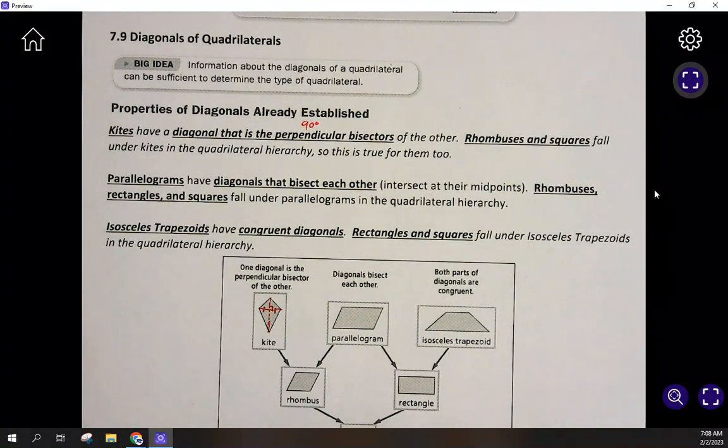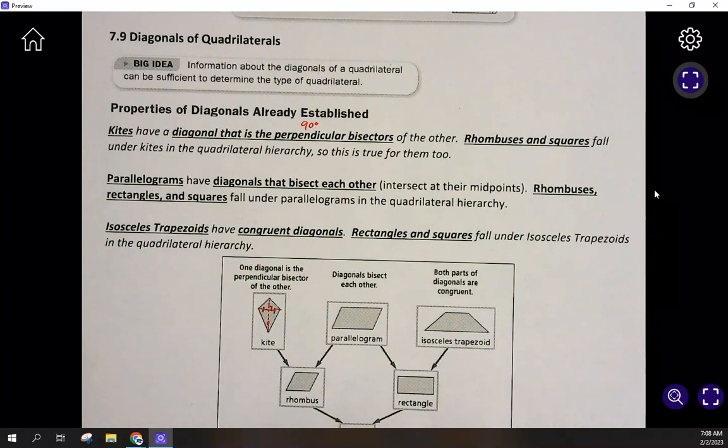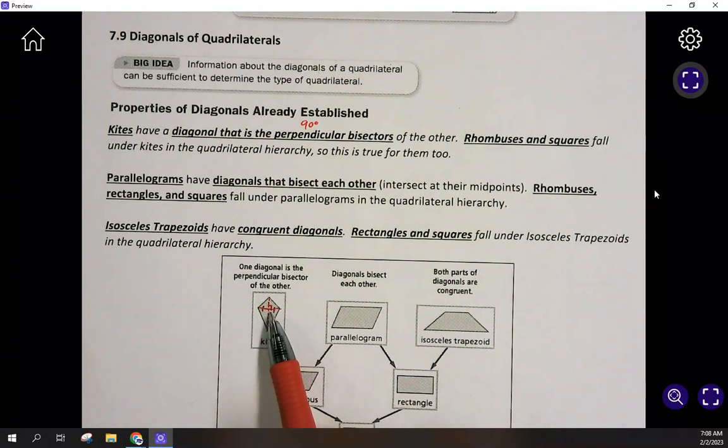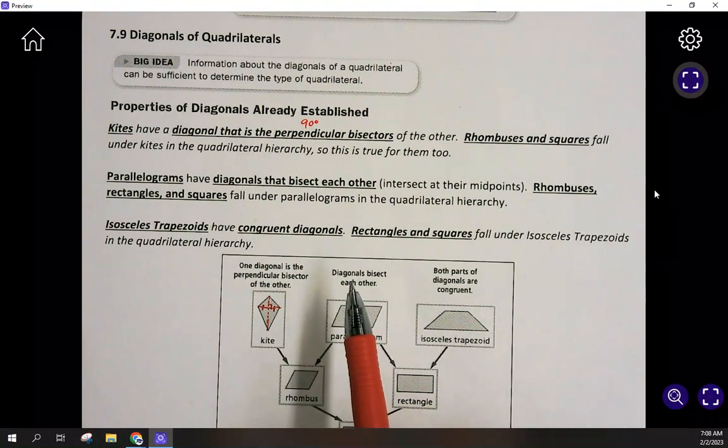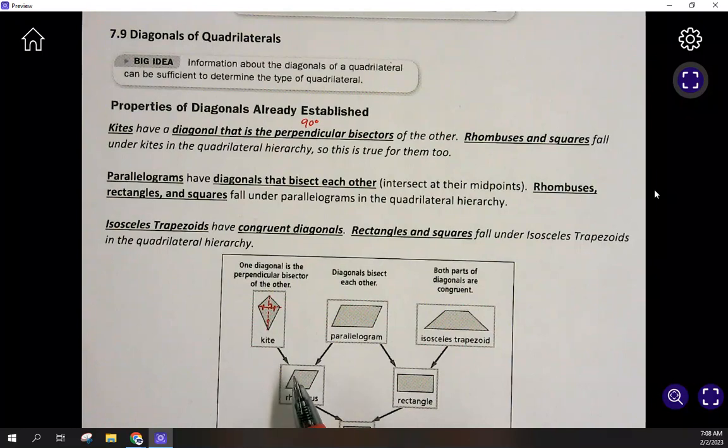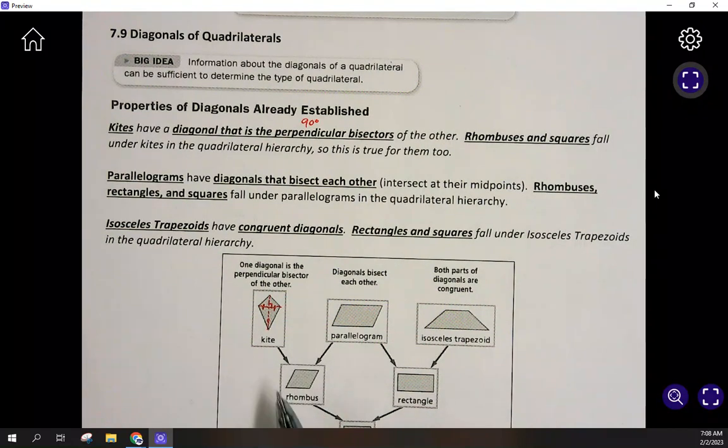Now, underneath a kite is a rhombus and a square. A rhombus is a very specific type of kite, and a square is a very specific type of rhombus and kite. So that means this must hold true for them as well. So one of their diagonals will be the perpendicular bisector of the other.